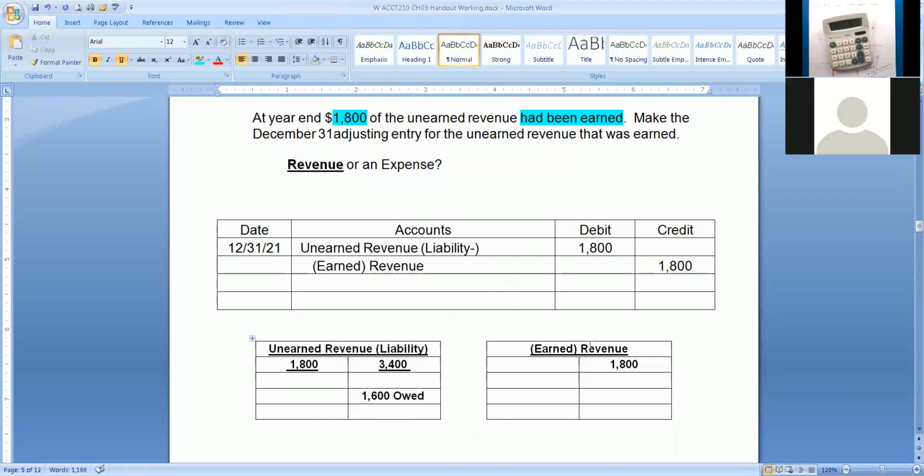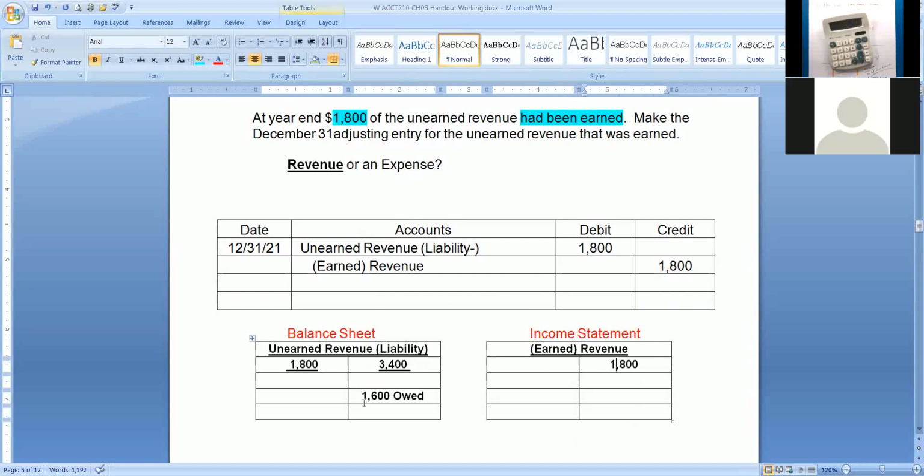So this will be on the, so the income statement will pick up 1,800 of the revenue we earned.